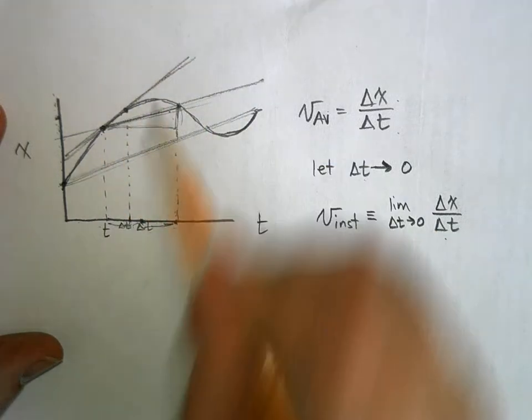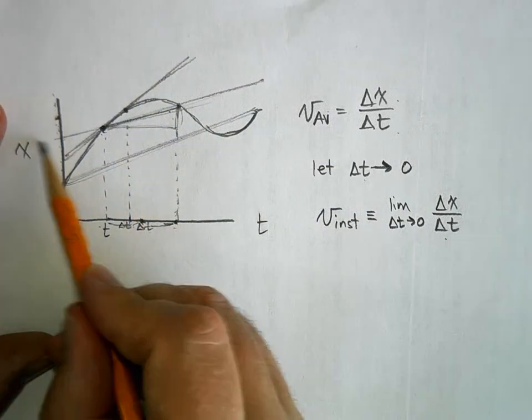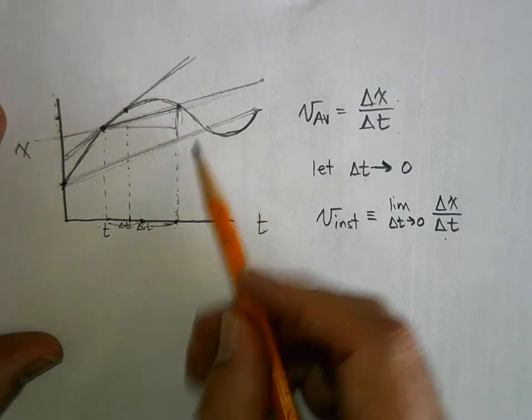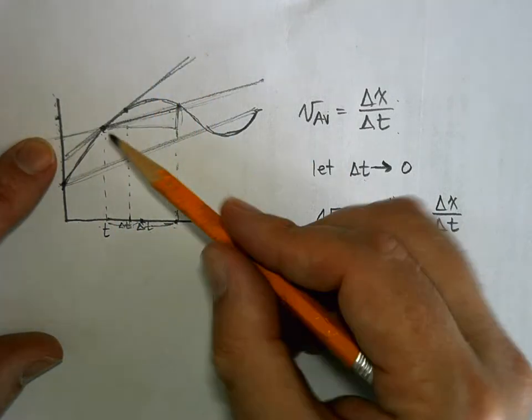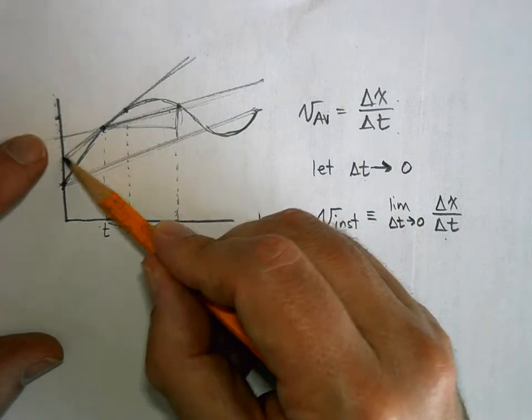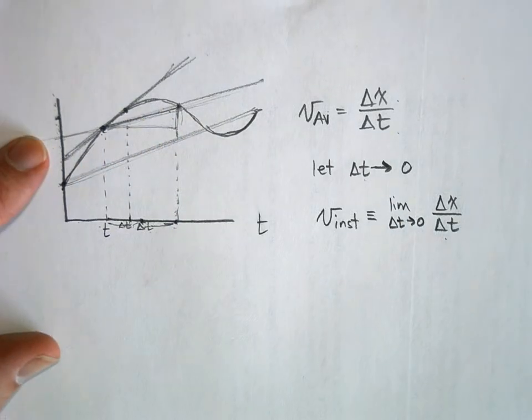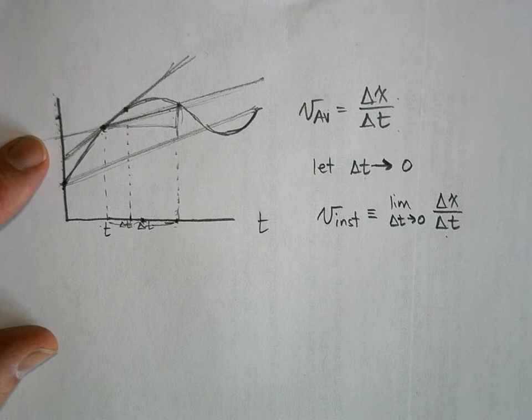See, here was the original slope, but now I shrunk delta t, I made it go over here, and now when I connect these two lines, I get this line right here. The slope got steeper, didn't it? Which means the average velocity is higher.